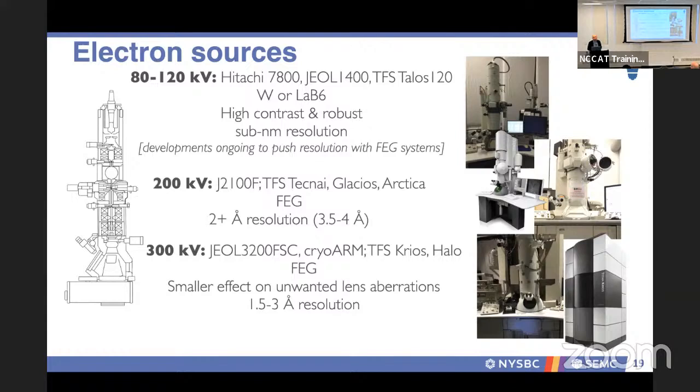And so you don't want to necessarily say, if I want to have good imaging, do I want to correct that in hardware or software? You want to do it in both. You want to minimize as much in terms of aberrations as you can, because it'll make your life easier in terms of processing and interrogating if you can push resolution. So these typical microscopes can go in sub 3 angstroms quite readily. And even if it's not perfectly aligned, you can still probably get sub 3 angstroms because they're so stable.